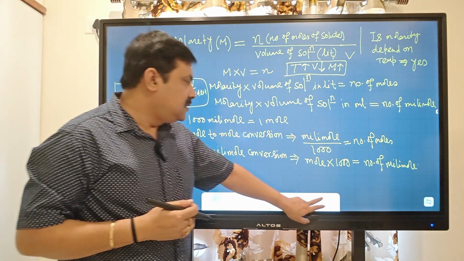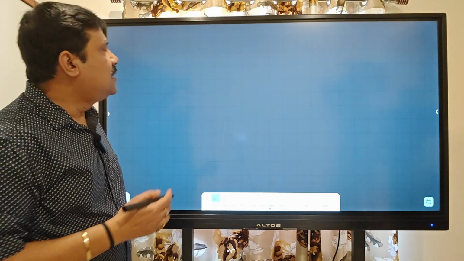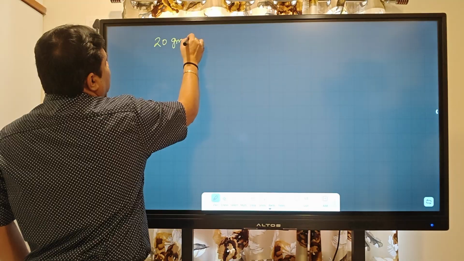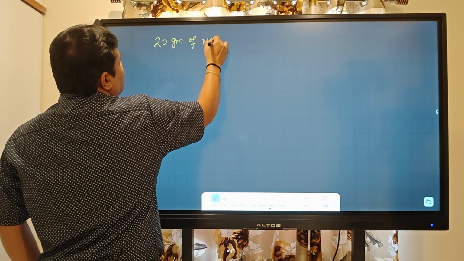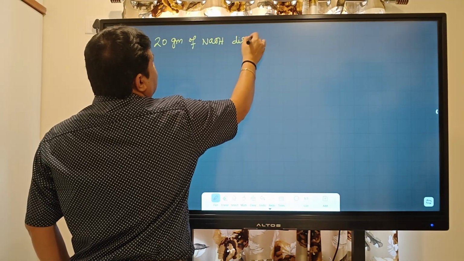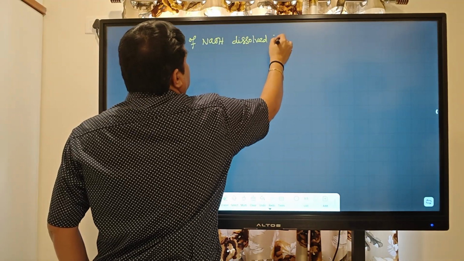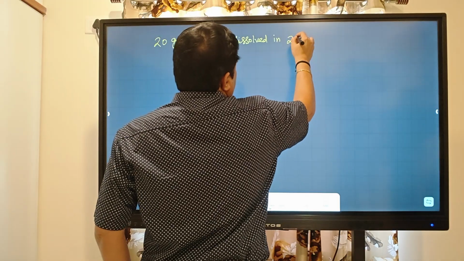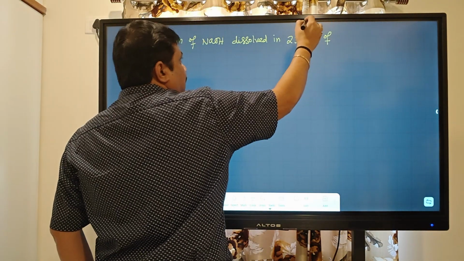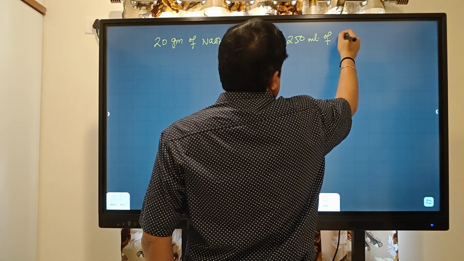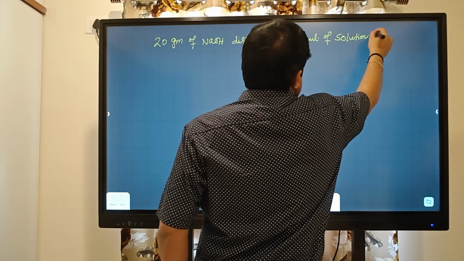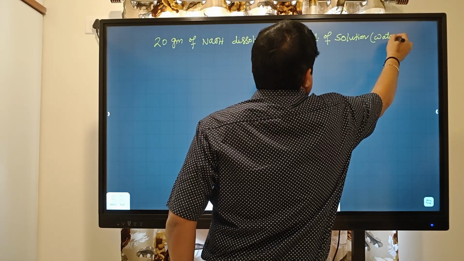Let us look at the first problem. Suppose 20 gram of NaOH is dissolved in 250 ml of solution, and this is a water based solution.